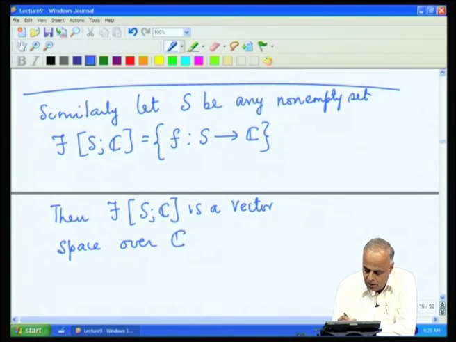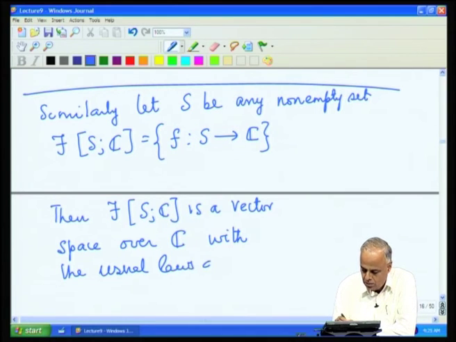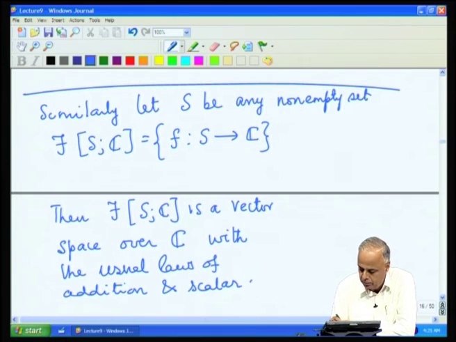the collection of all these functions is a vector space over C with the usual laws of addition and scalar multiplication.